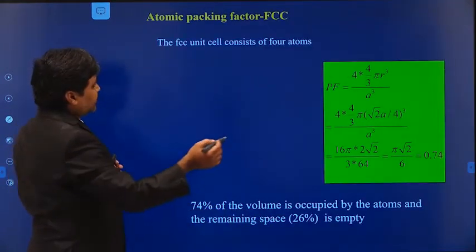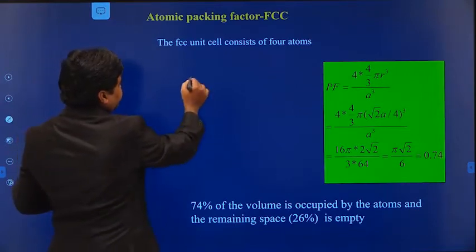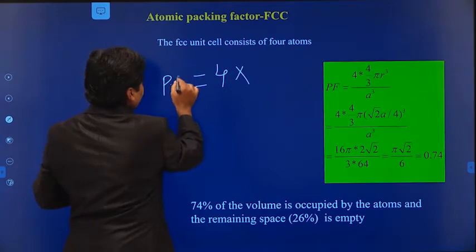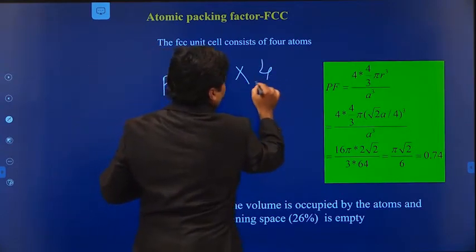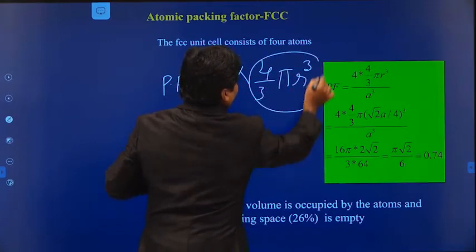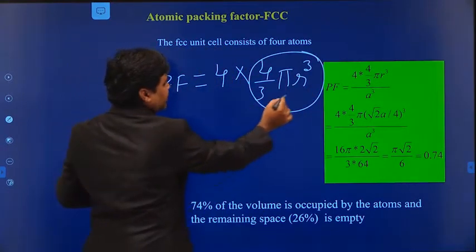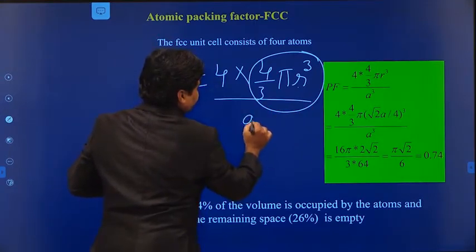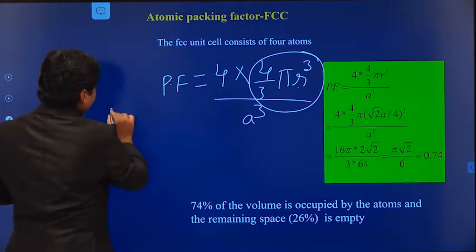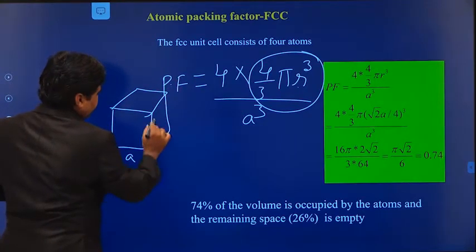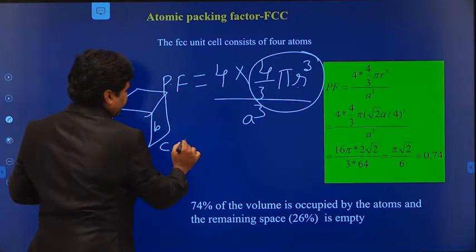Okay, if you want to calculate the atomic packing factor, there are 4 atoms, and the volume of the atoms is equal to 4 times 4/3 pi R cube, because we assume that the atoms are spheres, so the volume of a sphere equals 4/3 pi R cube. The volume of the unit cell: since this is a cubic unit cell, all the sides are equal, a equals b equals c.